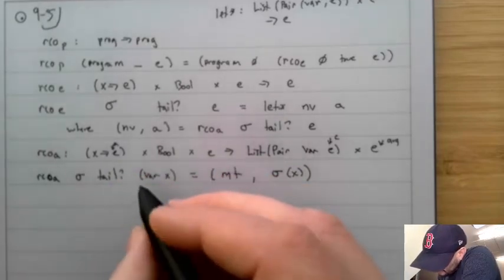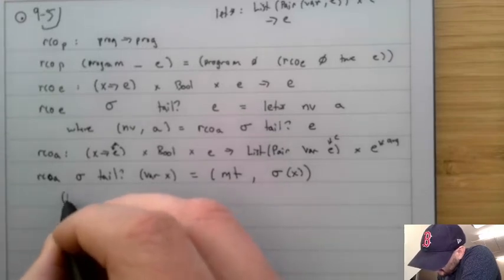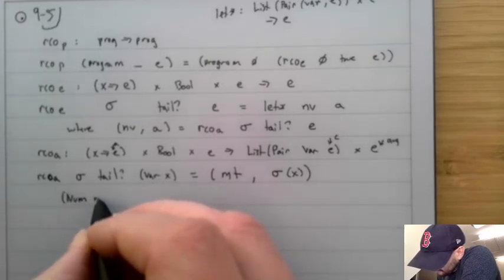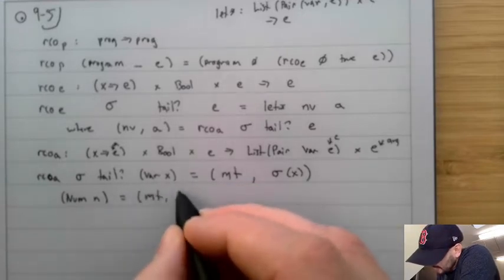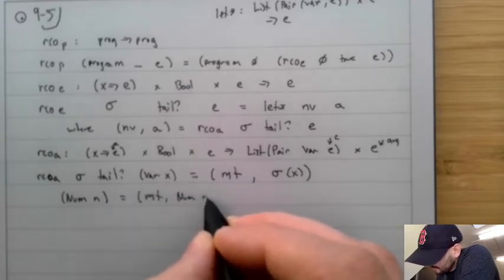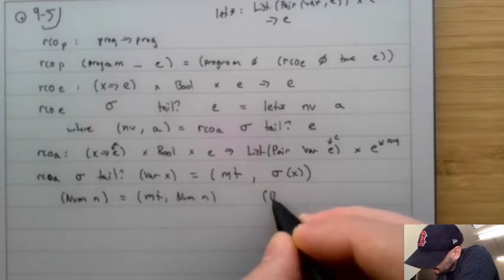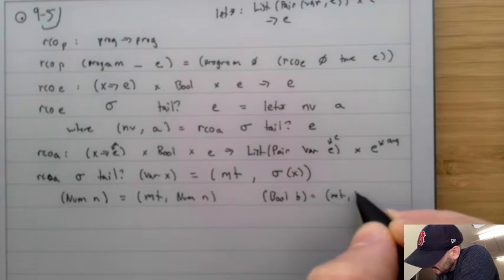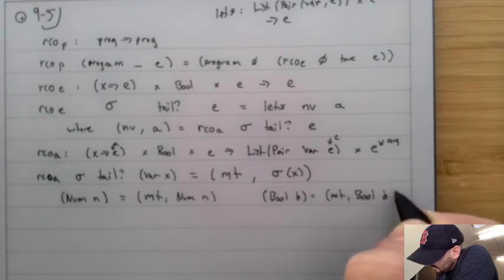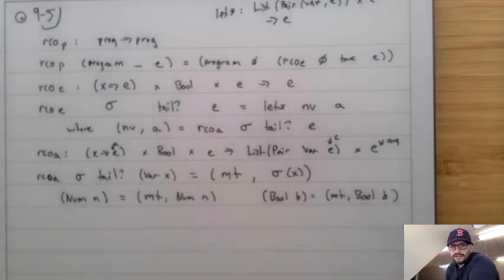Now what if, instead of a variable, we got a number? Well, in that case, we'll just return empty, and then that same number. What if we got a bool? Well, then we'll return empty and that bool, because these things are values, so they're already simplified.